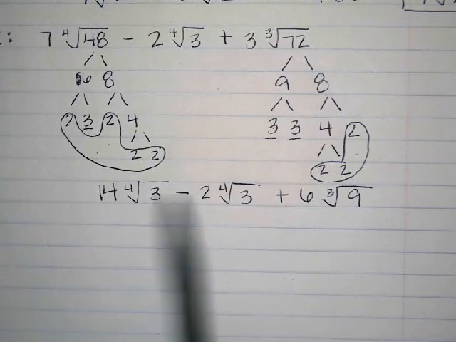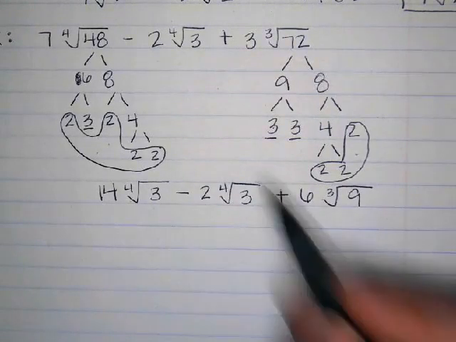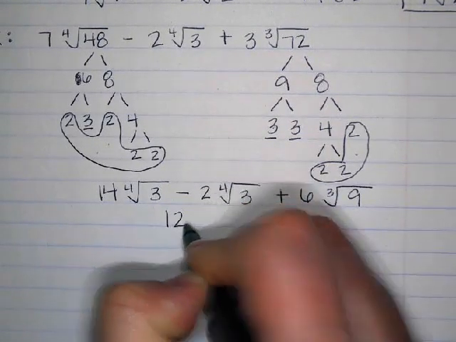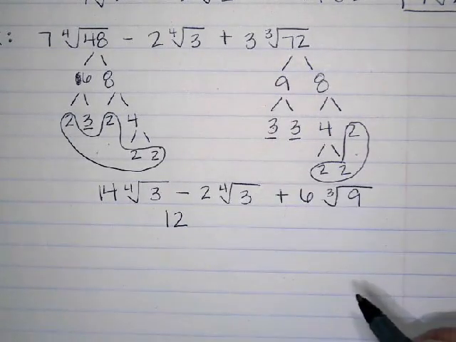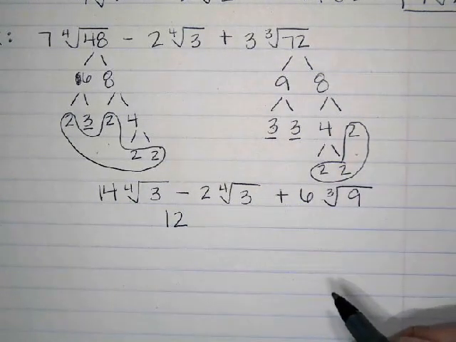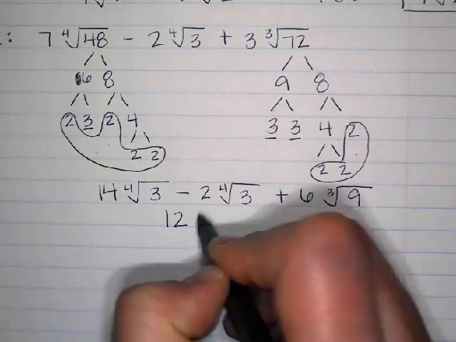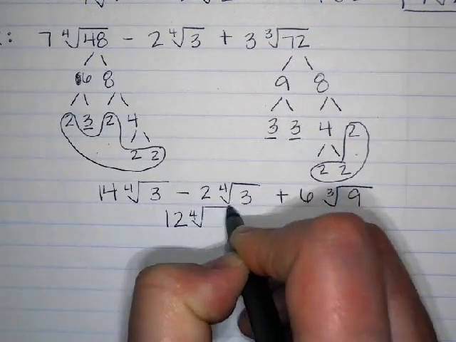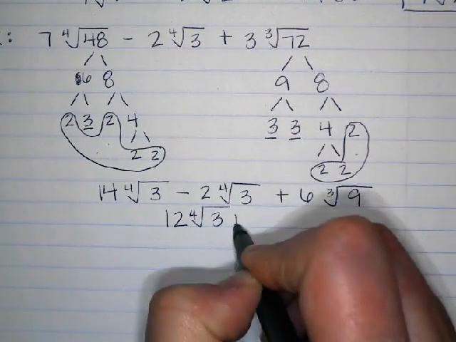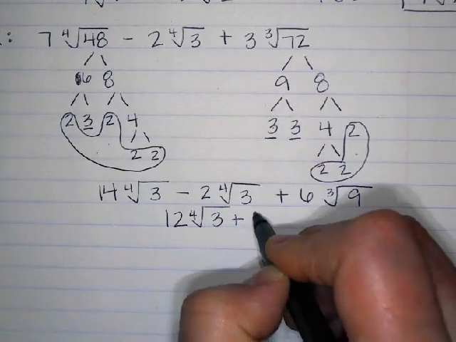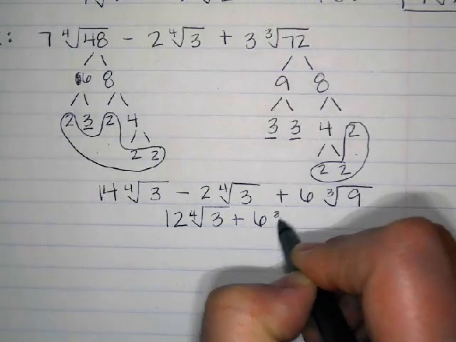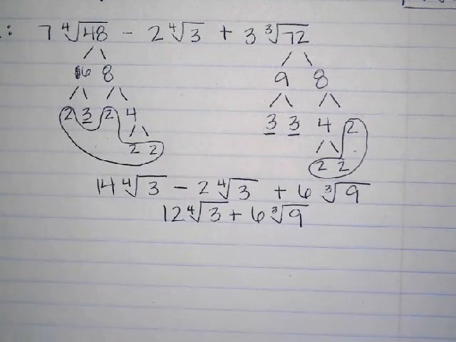What do we get with that? 12. 12 4th root of 3. And then plus 6 third root 9. We can't do anything more than that because we have two different types of roots. So no more simplifying. Got to leave it there.